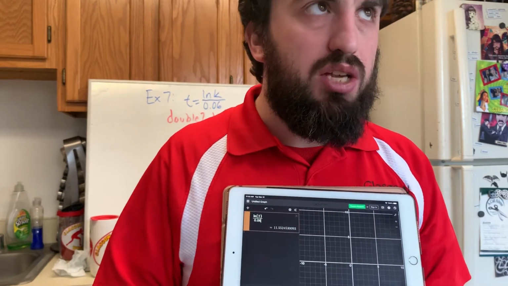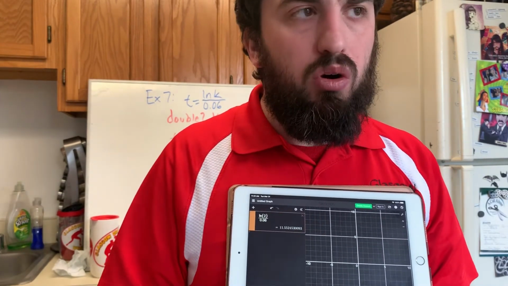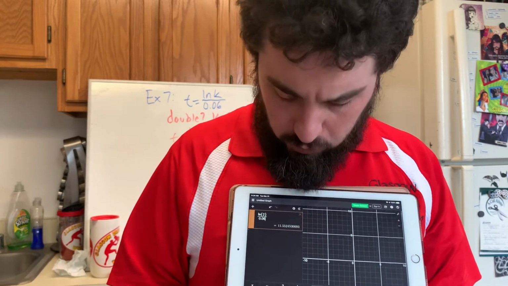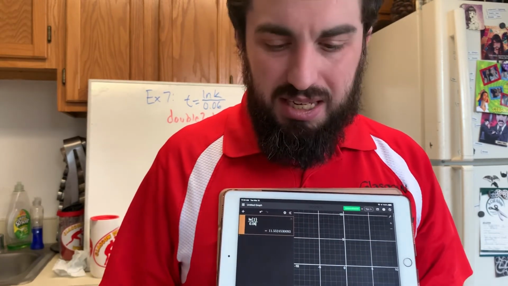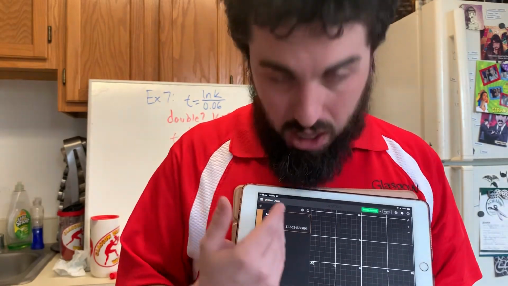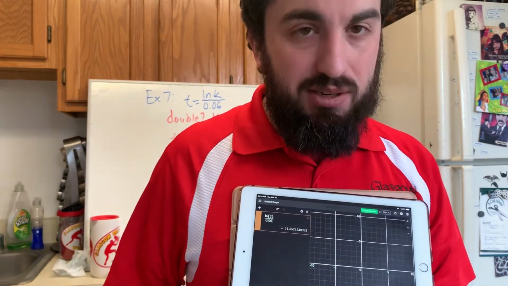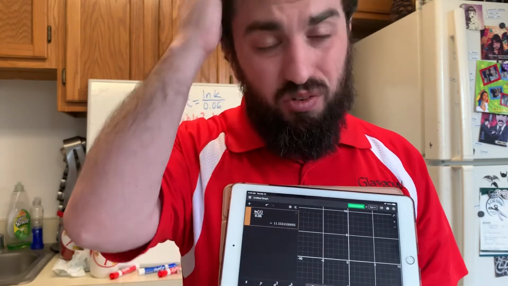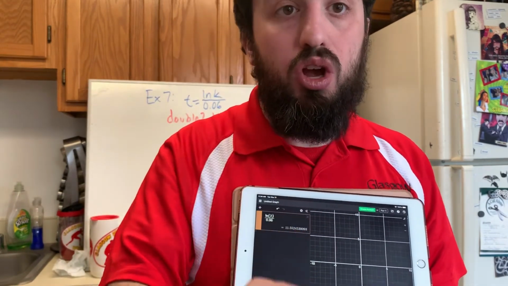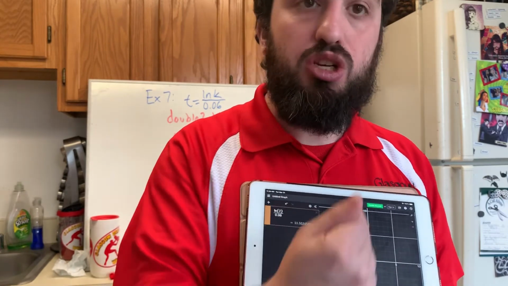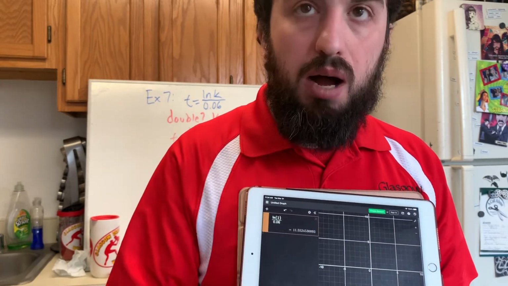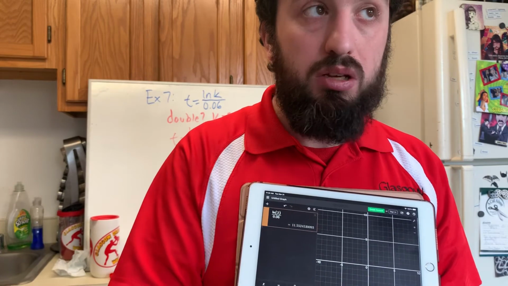So here with this, I know I've been saying go 4 decimal places. I'm looking at this as a real world problem. Going 4 decimal places when I'm talking about years is not fully necessary. I'm just going to round it off after 2. So it's going to take a little over 11 and a half years to double your investment if we are getting 6% interest compounded continuously.